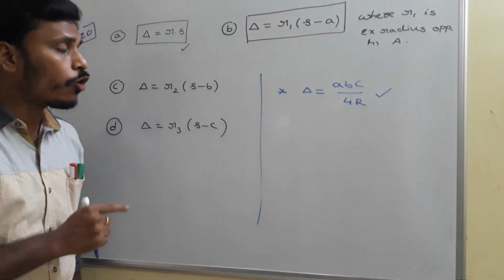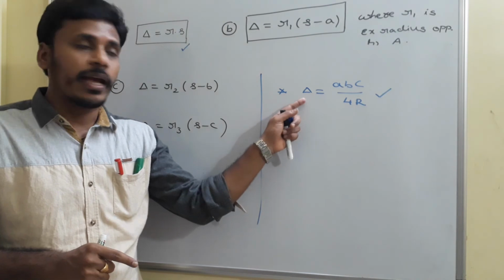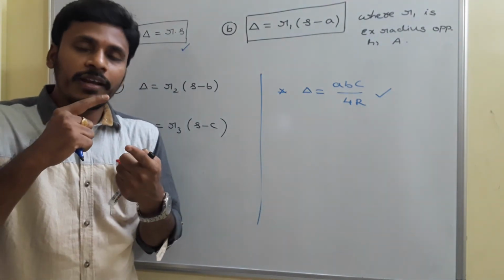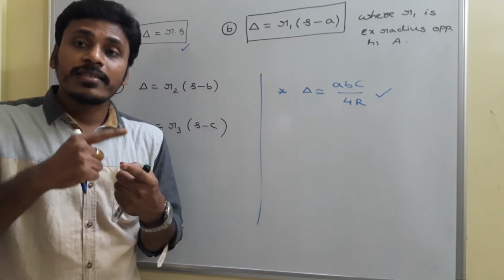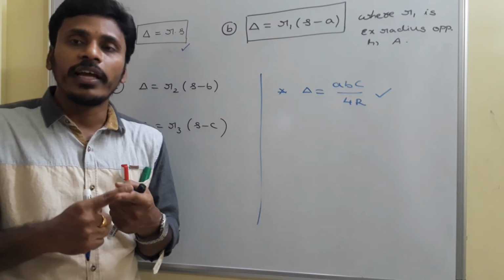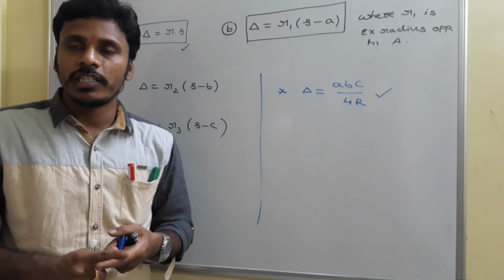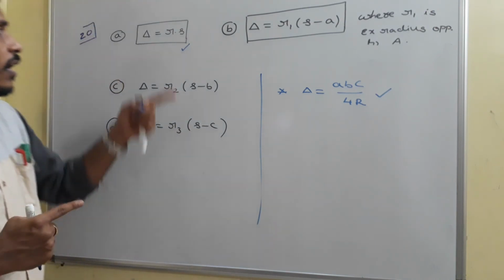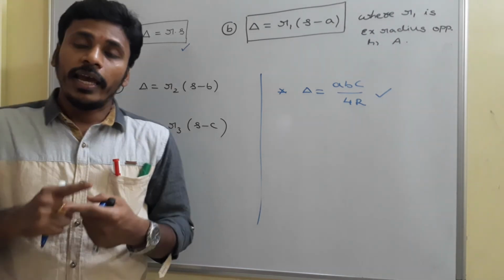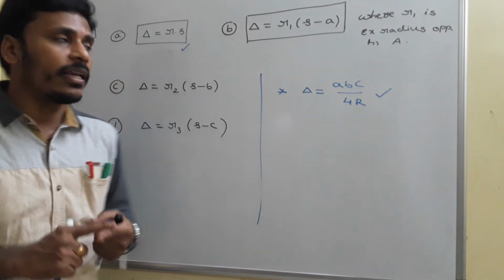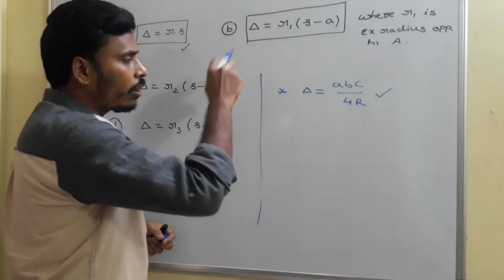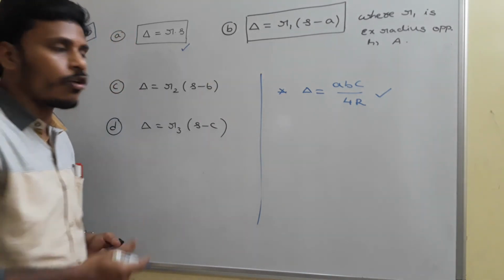This is the delta, area of the triangle, and R, which is the circumradius. So when you relate the circumradius of the triangle with the area, use delta is equal to ABC by 4R. Inradius of the triangle with the area, delta is equal to RS. Exradius of the triangle with the area, then these 3 formulas. All these formulas are connecting to the area of triangle.